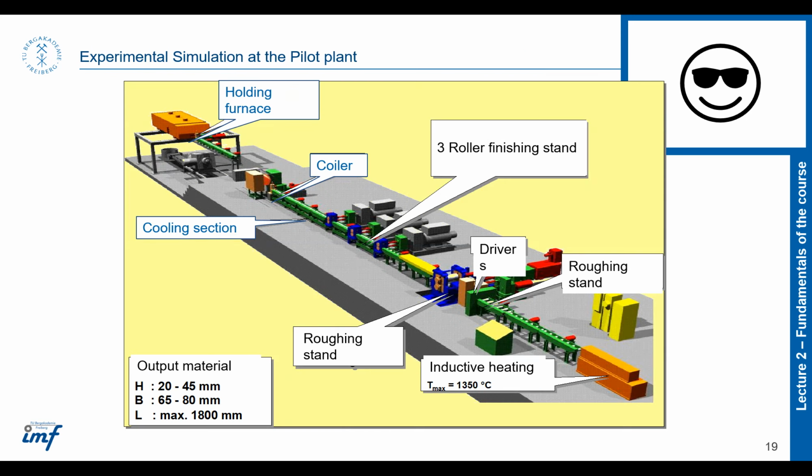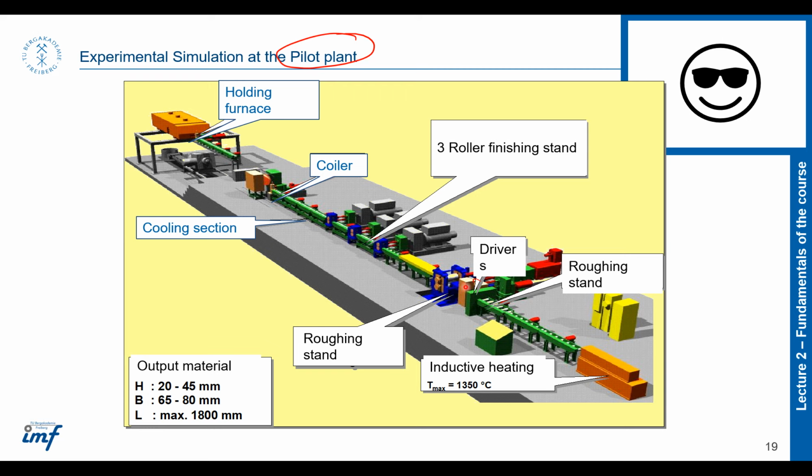Then, for example, let us take a look at a specific example of a rolling pilot plant, where we are heating our material in an inductive furnace, and then roughing our material. We heat up our material initially to a desired temperature.